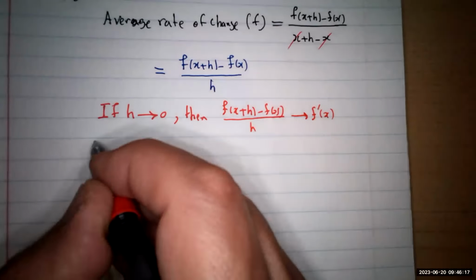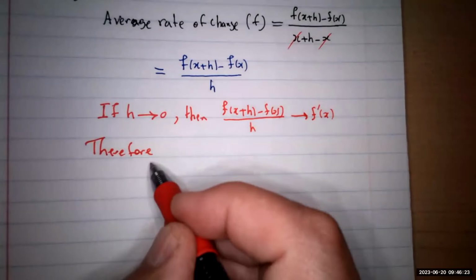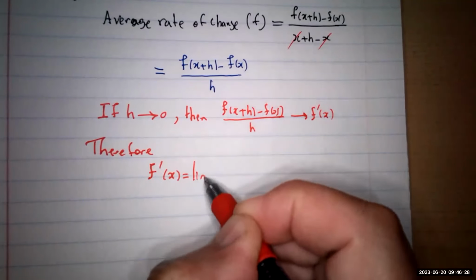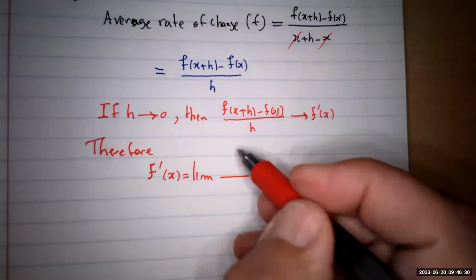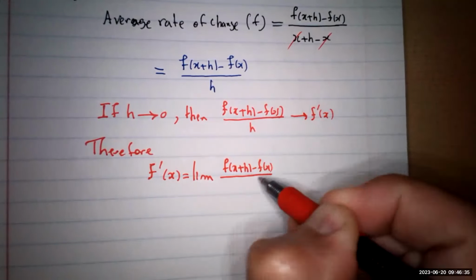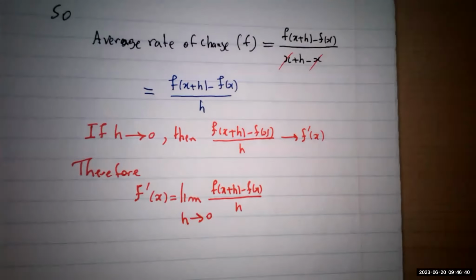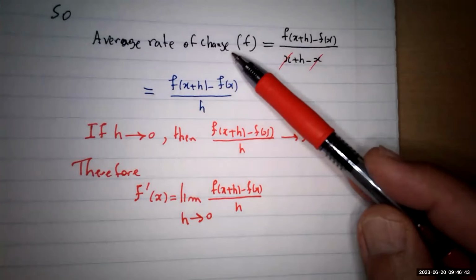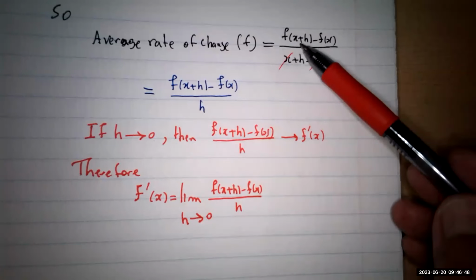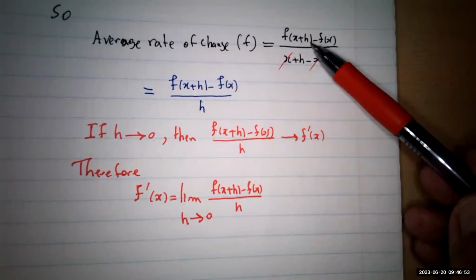So what we have here, therefore, is that f prime of x would be the limit, as h goes to 0, of f of x plus h minus f of x over h. Remember, you are interested in the rate of change of the function. That was the average rate. But when h goes to 0, x plus h goes to x.